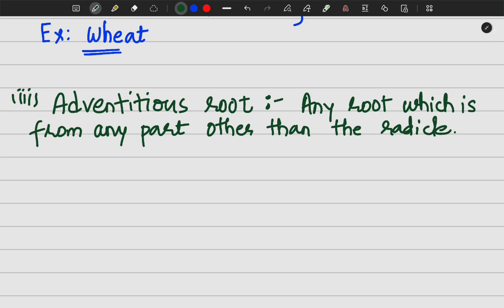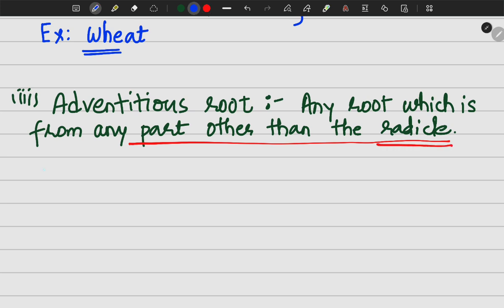So if in any plant the root is developing from parts other than the radicle, like for example, if it is developing from stem, then that kind of root will be called an adventitious root. The part can be any part, but not the radicle.